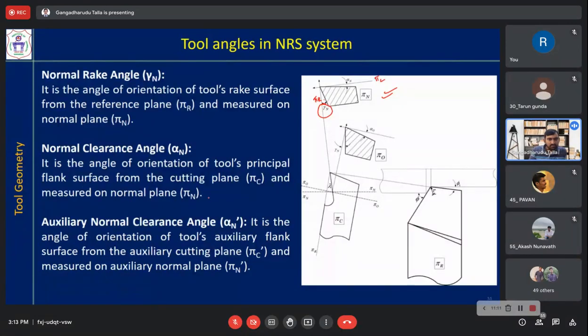Auxiliary normal clearance angle: now this again is similar to the auxiliary orthogonal clearance angle alpha o prime. It is the angle of orientation of the tool's auxiliary flank surface from the auxiliary cutting plane pi c prime and measured on auxiliary normal plane pi n prime. So it is similar to the alpha o prime.